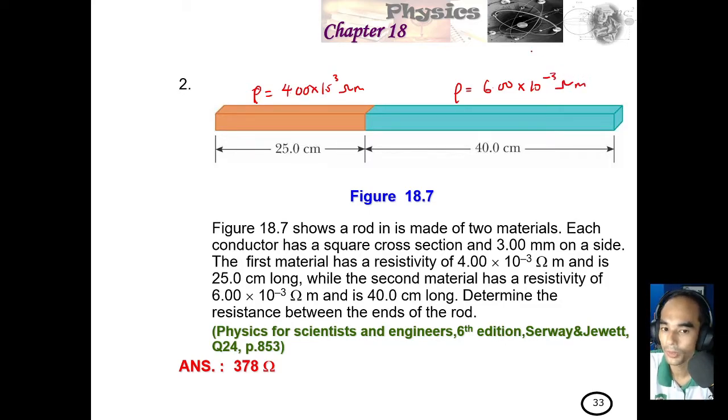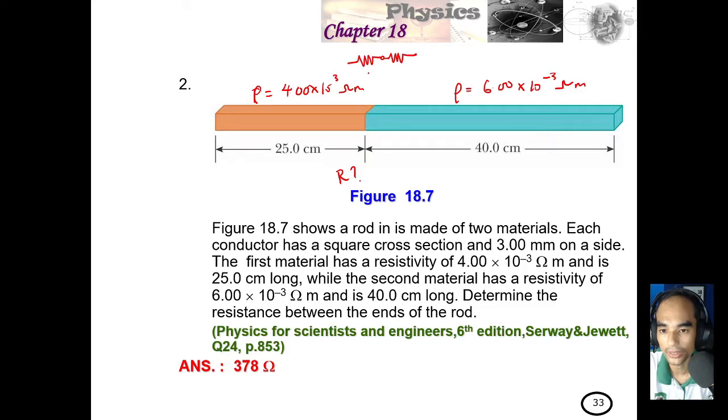So you have two kinds of material with different resistivity and two different lengths. Then they are attached, in contact at one of their sides. So what will be the resistance of the whole thing? Basically, it's resistors combined in series.